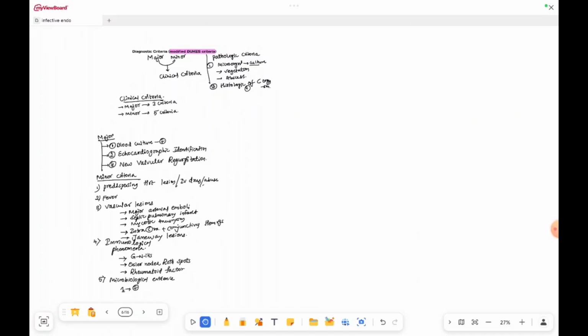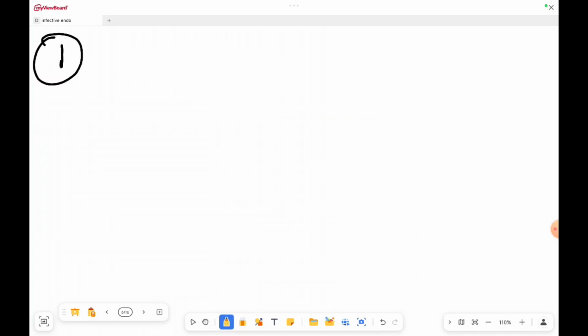And how we will use this Duke's criteria in diagnosis of infective endocarditis, we will see now. So we will see first possible infective endocarditis diagnosis. So there may be chance of infective endocarditis.